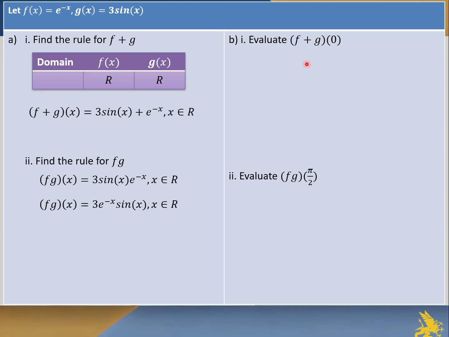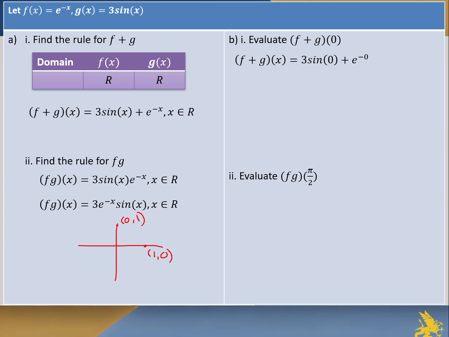If I'm evaluating f plus g for 0, all that means is I'm substituting 0 into x for both of them. I'm breaking this down separately. If I draw a Cartesian plane and think about the unit circle, here we've got 1 and 0, and up here we've got 0 for x and y is 1.